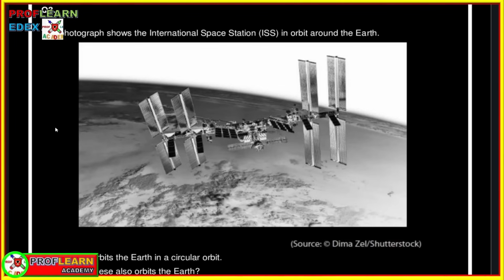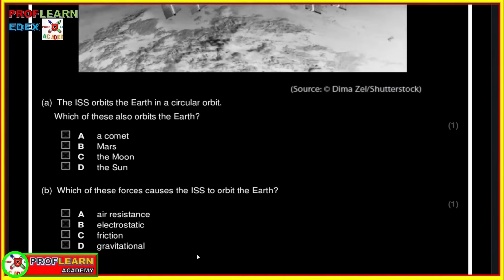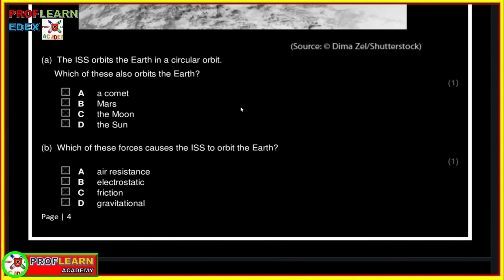The next question, we are told that the photograph shows the International Space Station, ISS, in orbit around the Earth. The ISS orbits the Earth in a circular orbit.